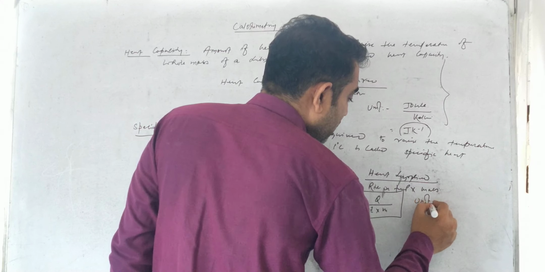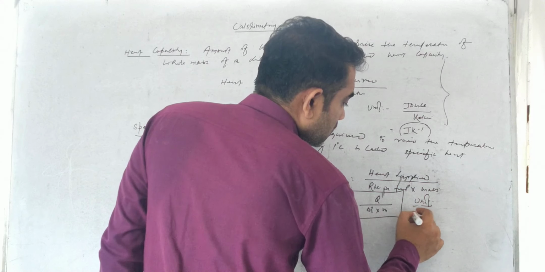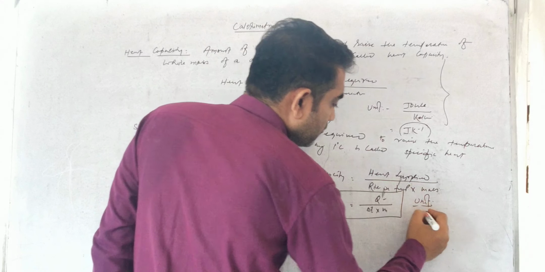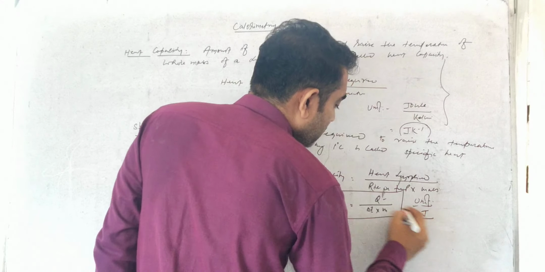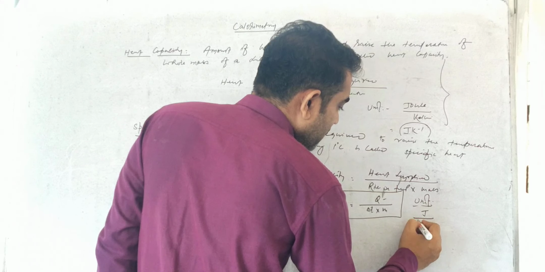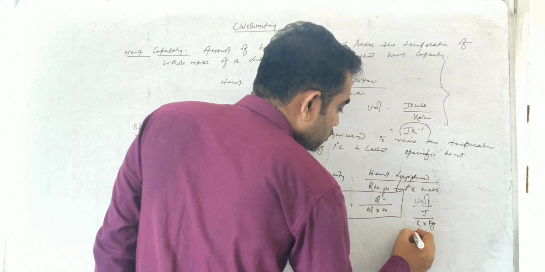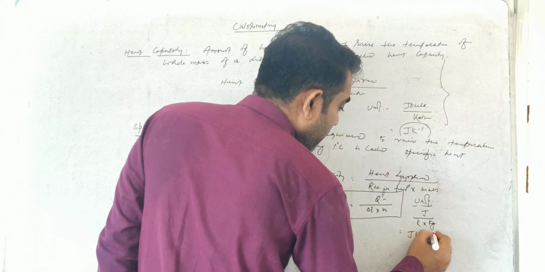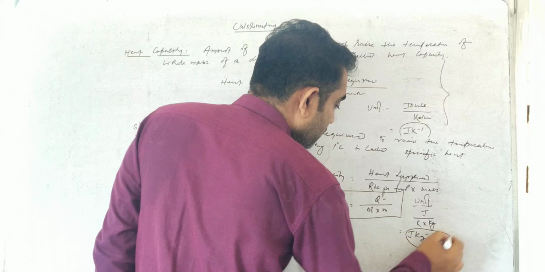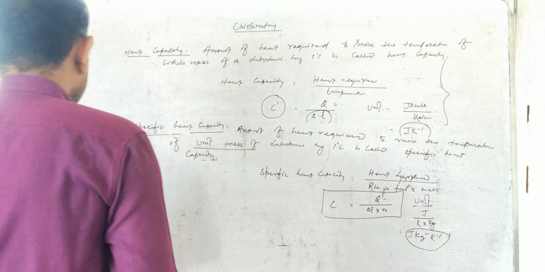Now for the unit: for heat we have joule, for rise in temperature we have Kelvin, and for mass we have kg. So joule per kg per Kelvin is the unit for the specific heat capacity.